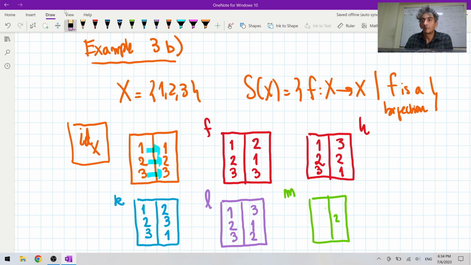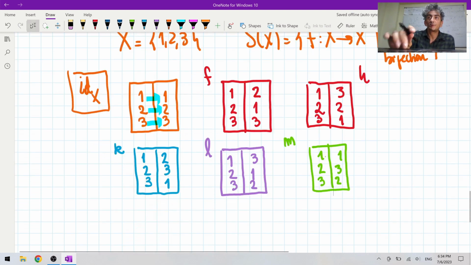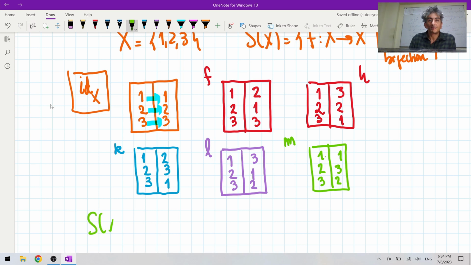Okay, so 1 goes to 1, 2 goes to 3, and 3 goes to 2. And this is it. S(X) is the set of these 6 functions. S(X) consists of the identity f, h, k, l, and m.